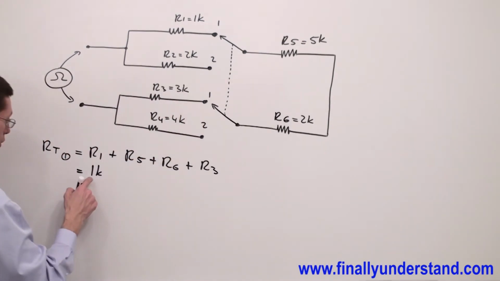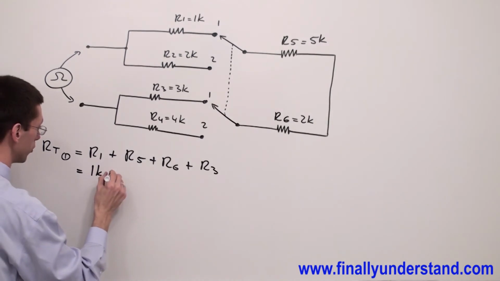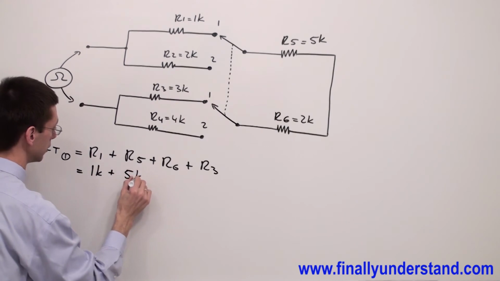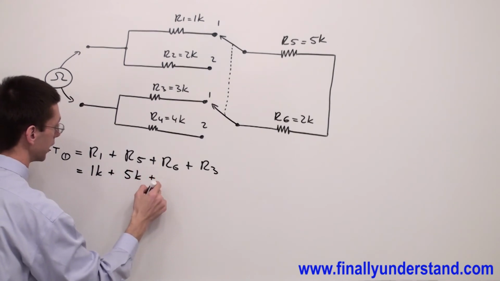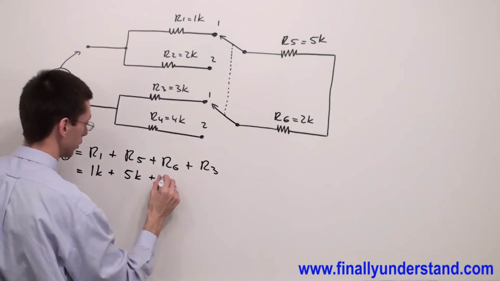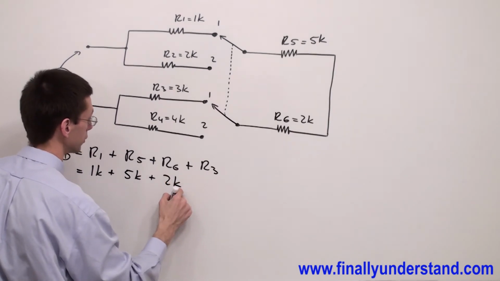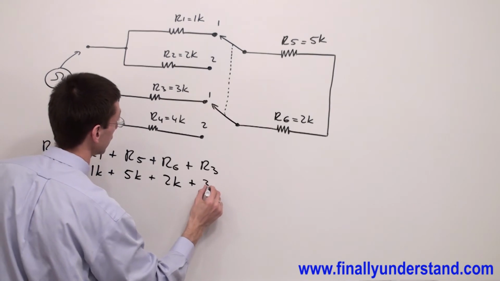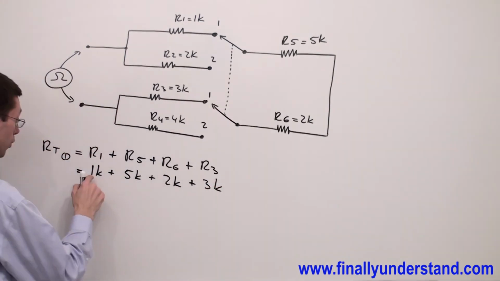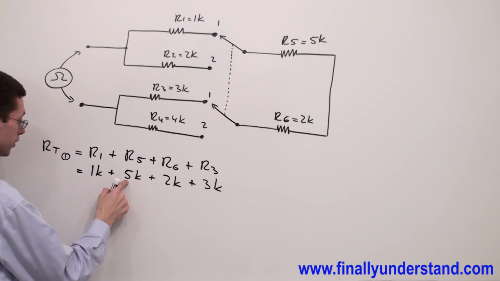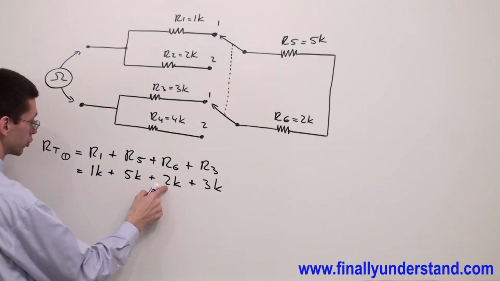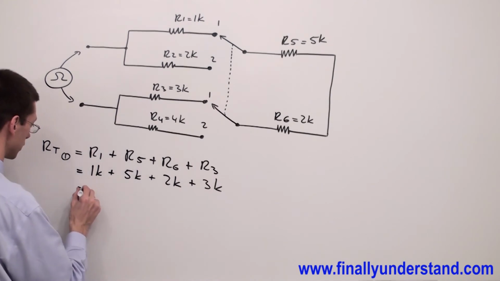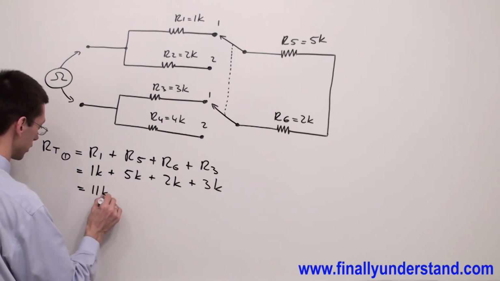So I have 1 kilo plus R5, which is equal to 5 kilo, of course, ohms, plus R6, which is equal to 2 kilo ohms, plus R3, which is equal to 3 kilo. 1 plus 5 is 6, plus 2 is 8, plus 3 kilo ohms is 11 kilo ohms.